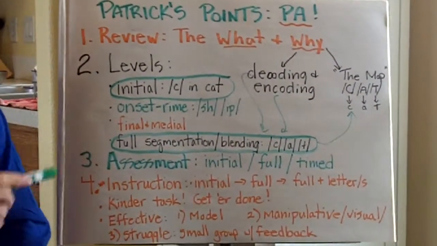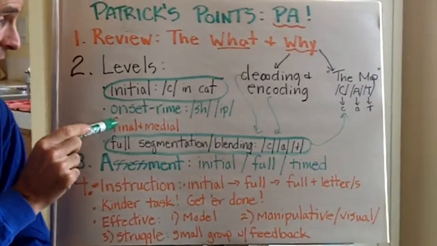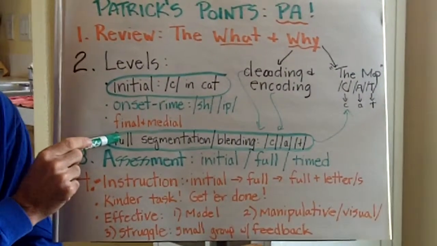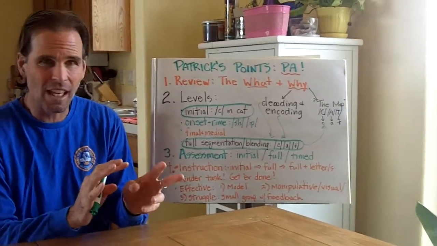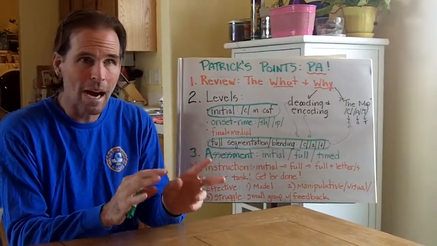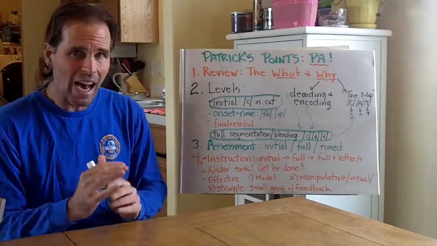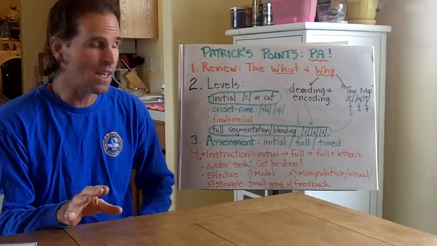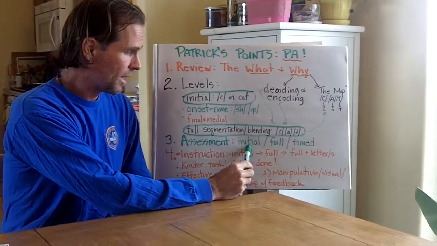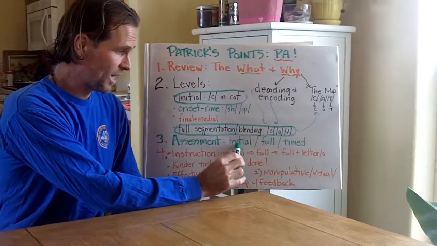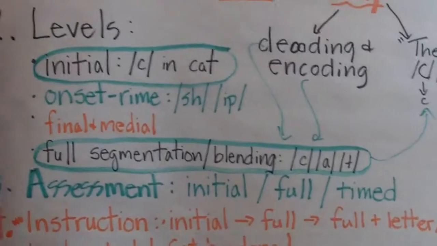Now, you could really assess at each of these levels, okay? And maybe in some sort of careful intervention case that might make sense. I think, practically speaking, that it really makes sense to assess kids for initial phoneme.